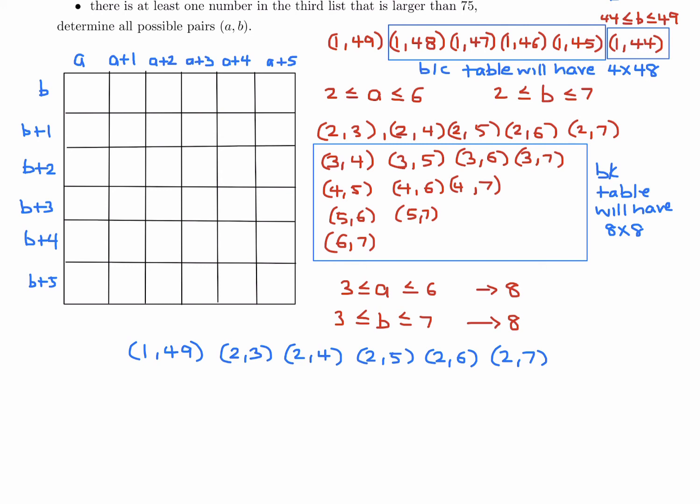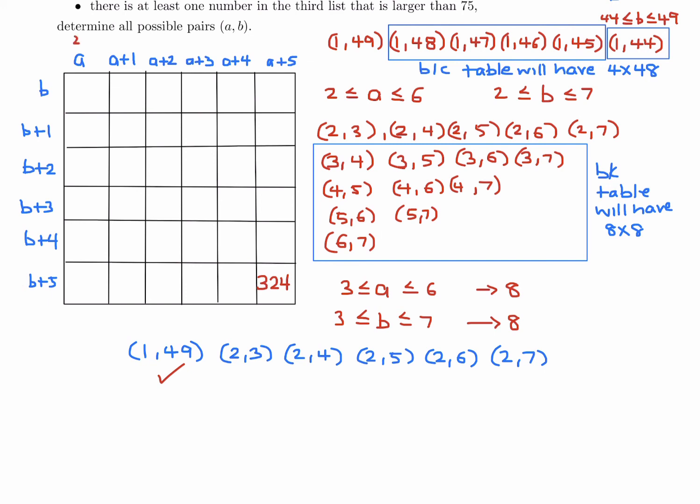When it's 149, that means we have a 1 here and a 49 here. That means the numbers will be 2, 3, 4, 5, 6 here, 50, 51, 52, 53, 54 here. The max number will be 6 times 54, which is 324. Is that greater than 75? Well, sure it is. So that is a good one. We keep that one.